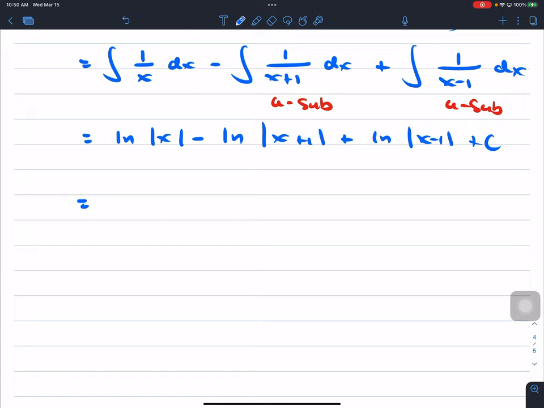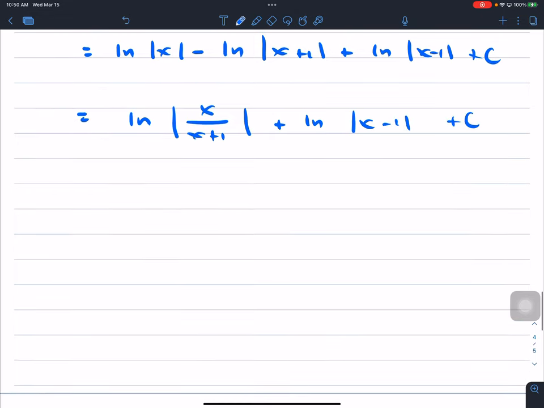Logs? Natural log of x over x plus 1 plus natural log of x minus 1. So this would be natural log absolute value of x minus 1 over x plus 1 plus c.